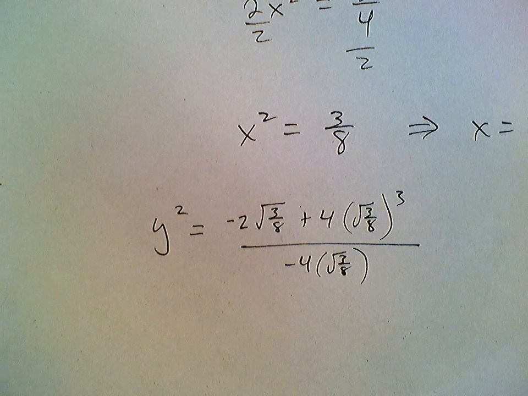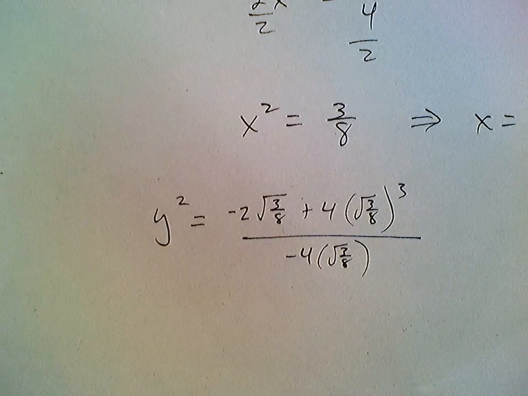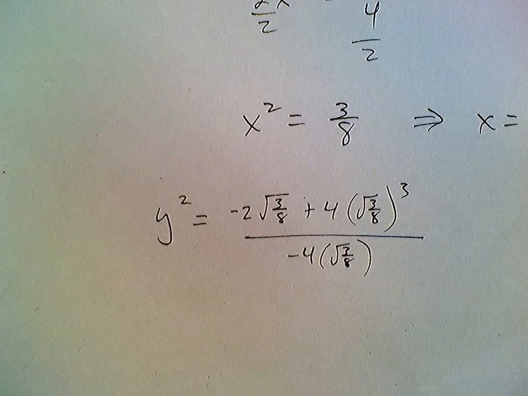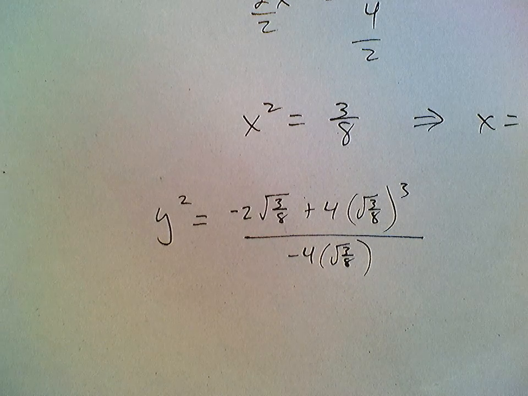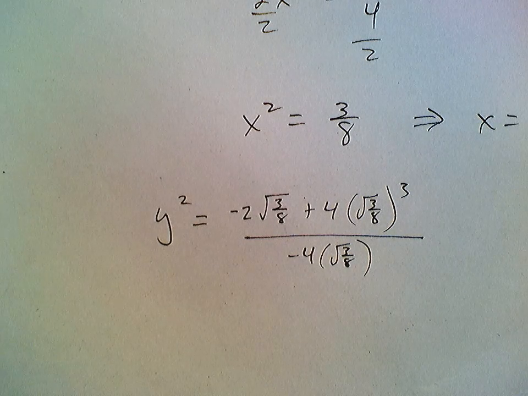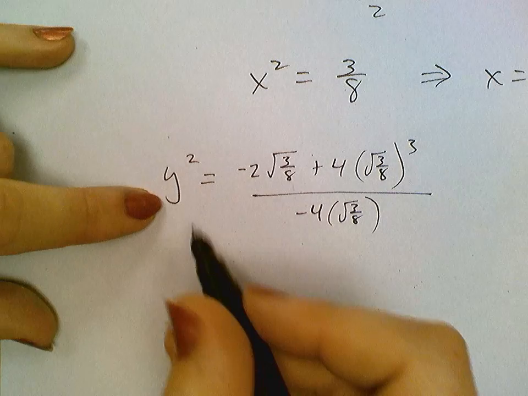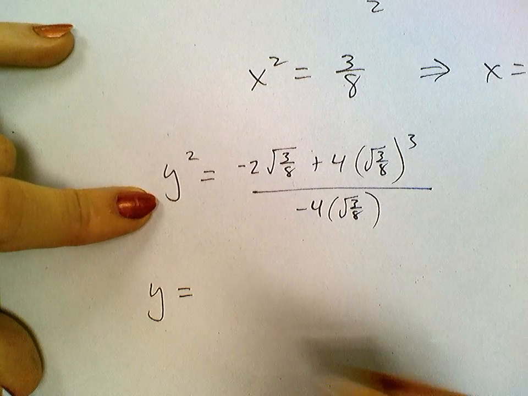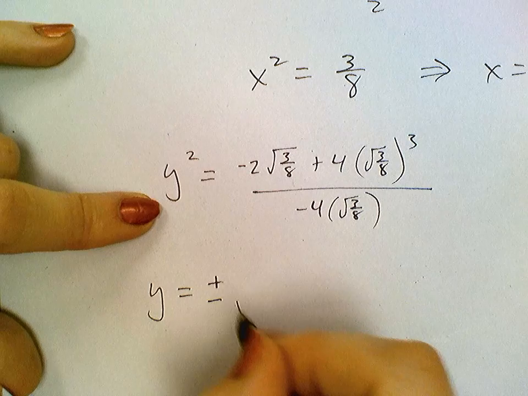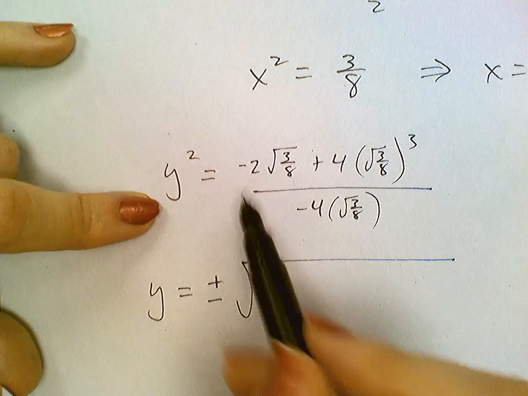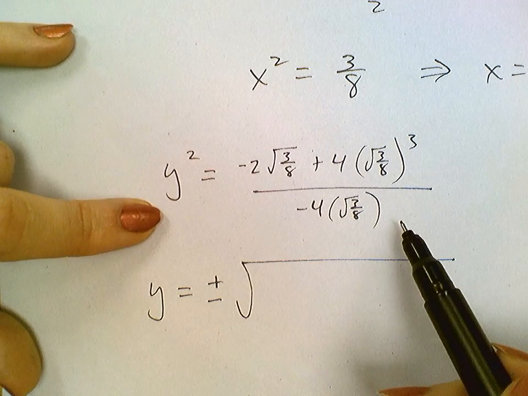Okay, so I'm plugging this all into my calculator. Oh my gosh. Actually, it's honestly probably easier just to leave it like that. And then you'll say that y is equal to plus or minus radical, and then all of that.